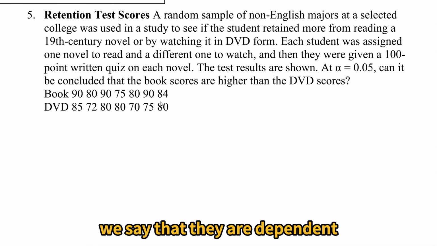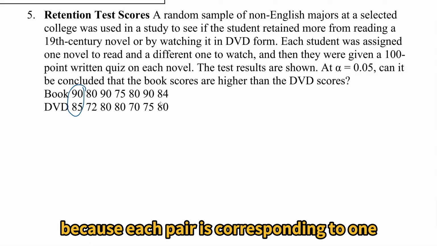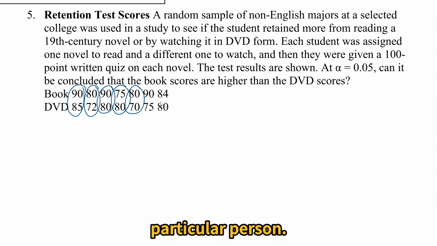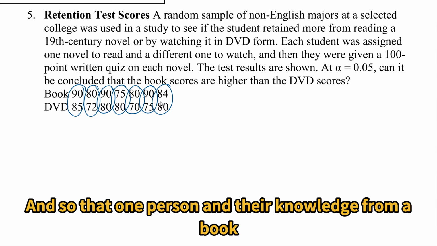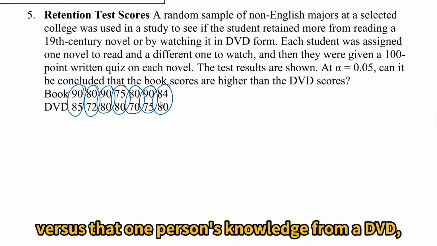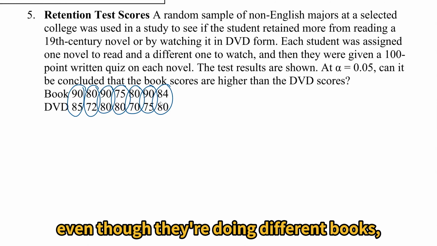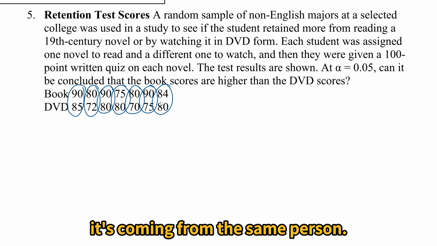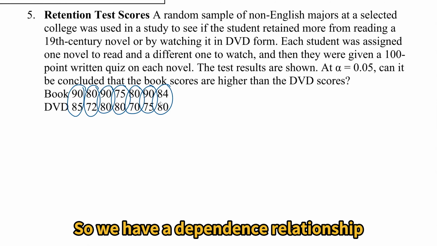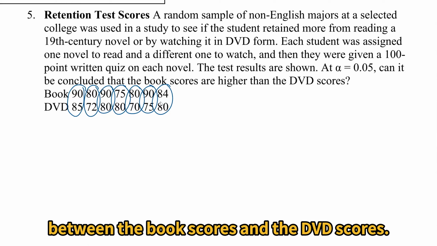We say that they are dependent because each pair corresponds to one particular person. So that one person's knowledge from a book versus that one person's knowledge from a DVD, even though they're doing different books, is coming from the same person. So we have a dependence relationship between the book scores and the DVD scores.